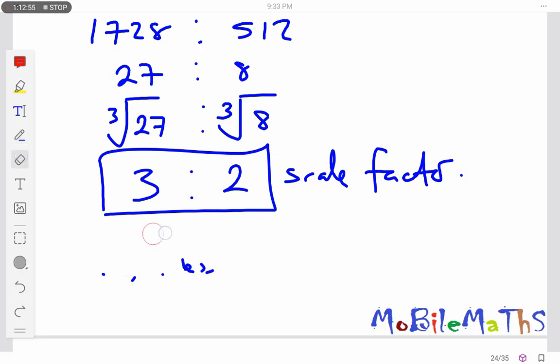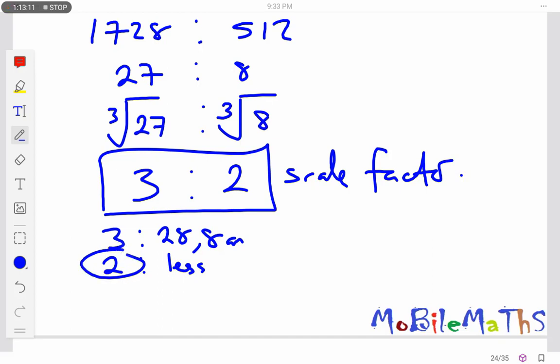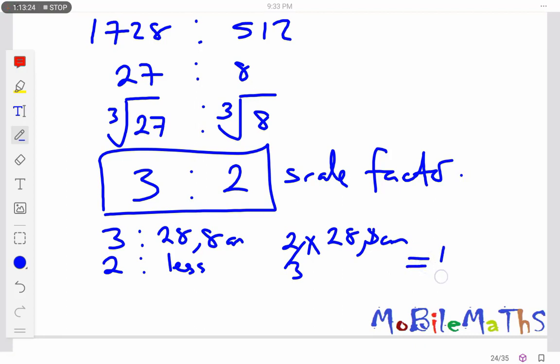When I have a ratio of 3, I have 28.8 centimeters. When I have 2, I will have less centimeters, isn't it? So this will be at the bottom here. So it will be 2 over 3 times 28.8 centimeters. Dividing this, I'll get the length of the smaller one as 19.2 centimeters. So that is the final answer for that part there.